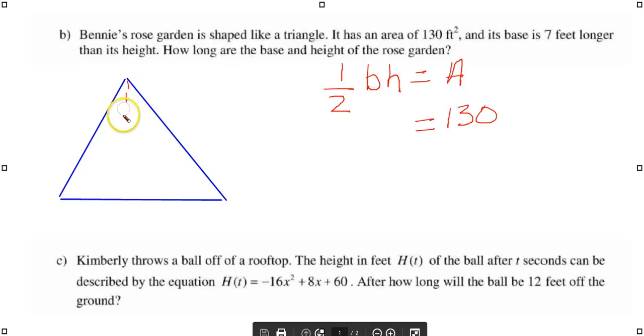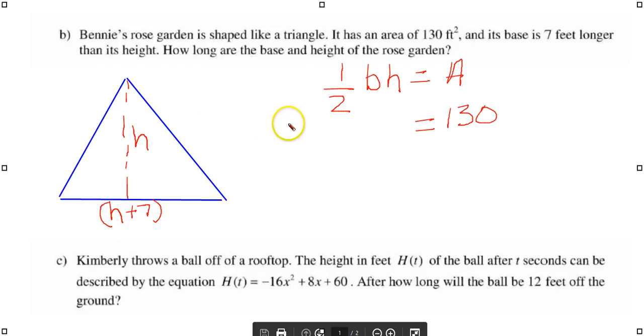So the height of a triangle is just its altitude. Let's call that h for height. And then this is its base, which is going to be the height plus 7 feet. So there's our base and there's our height.